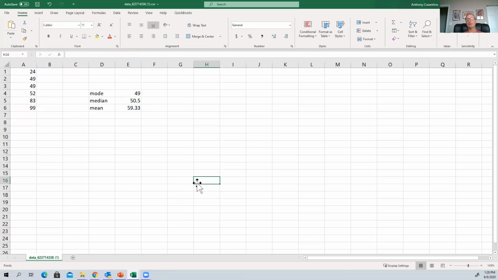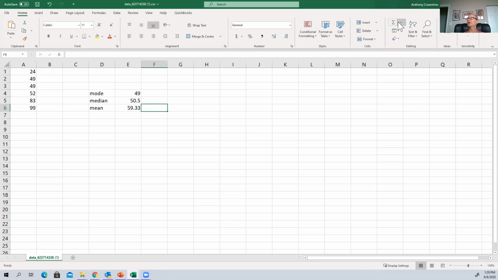The other way to do it, which is the way I do it now, is to use the built-in function technique to do these calculations. So how do we do that? Well, we go up to the functions, and average is the mean. You need a cell where the number is going to go, right?